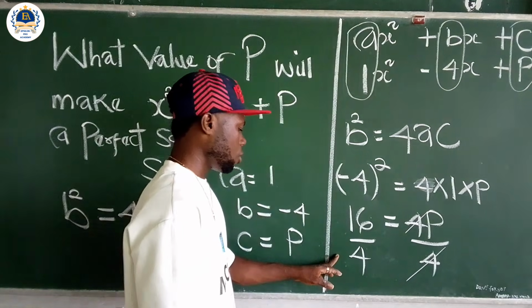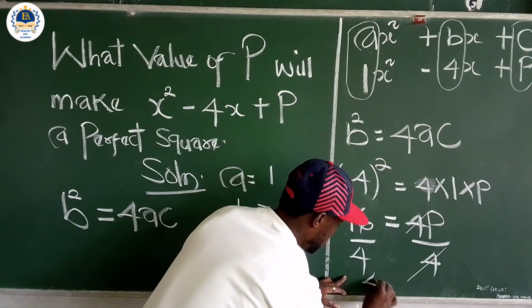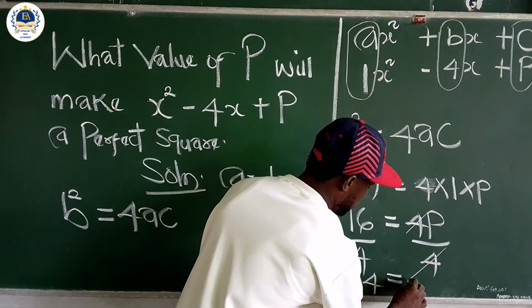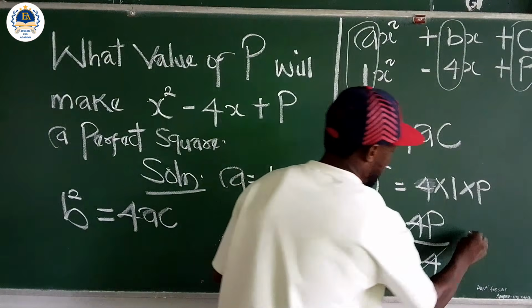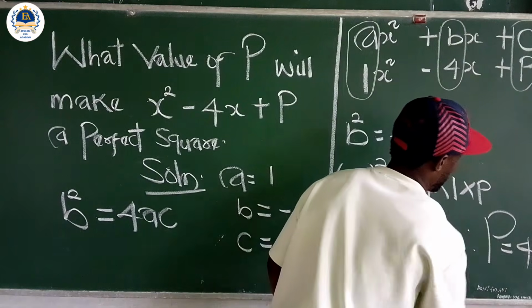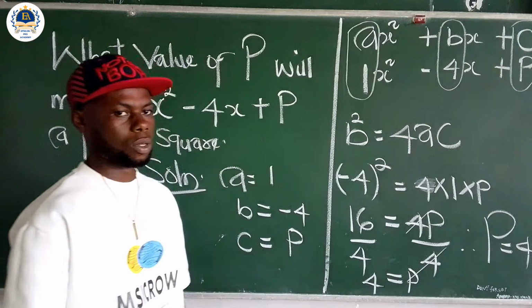And 16 over 4 is 4. 16 divided by 4 gives 4, which is equal to p. p equals 4, which is the final result.